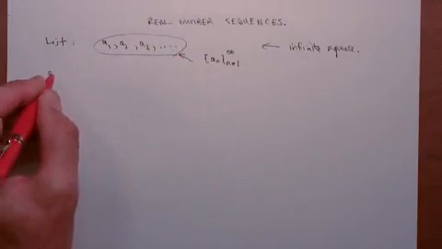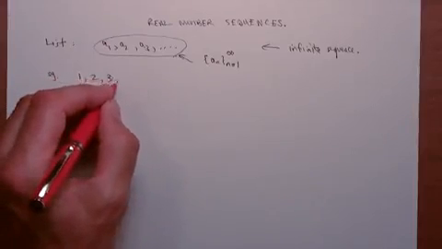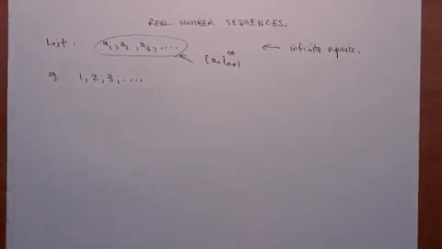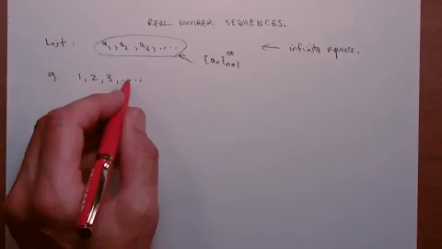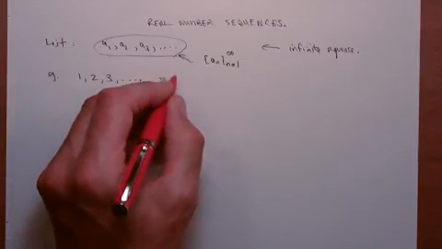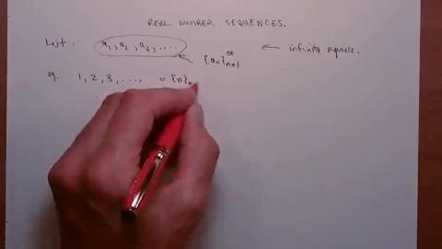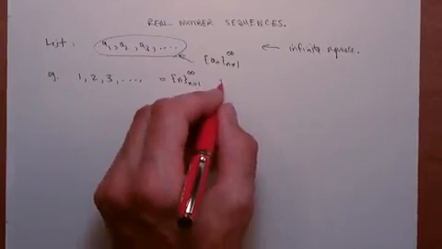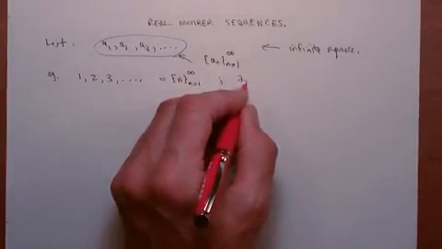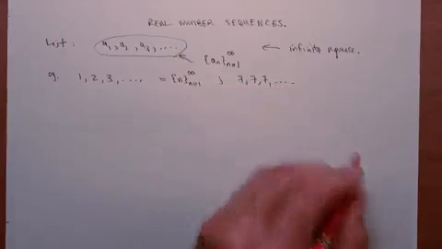For example, the sequence of natural numbers, 1, 2, 3, and so forth. That's an infinite sequence. In terms of our notation, I would just write that as n, for n goes from 1 to infinity. Or I could have the sequence that consists simply of an infinite sequence of sevens. 7 going on forever.